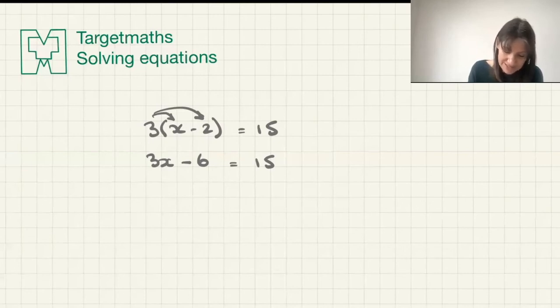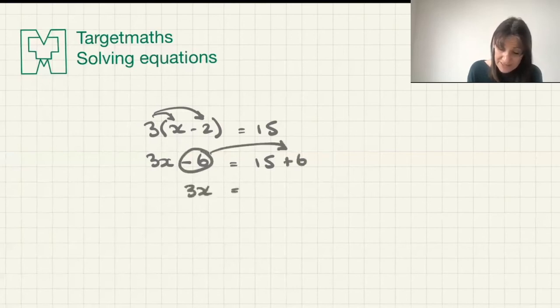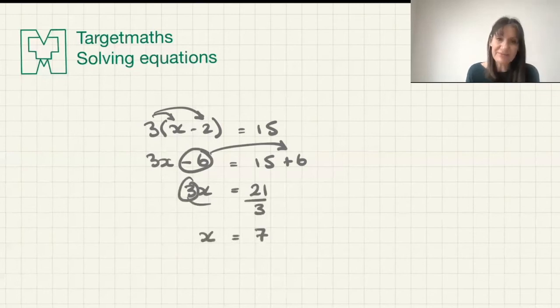So 3x minus 6. Minus 6 lands as plus 6. 3x equals 15 plus 6, 21. I'm going to divide through by the 3, and I've got x equaling 7. And if you did well on that question, then brilliant. Well done. We'll do one more bracket.